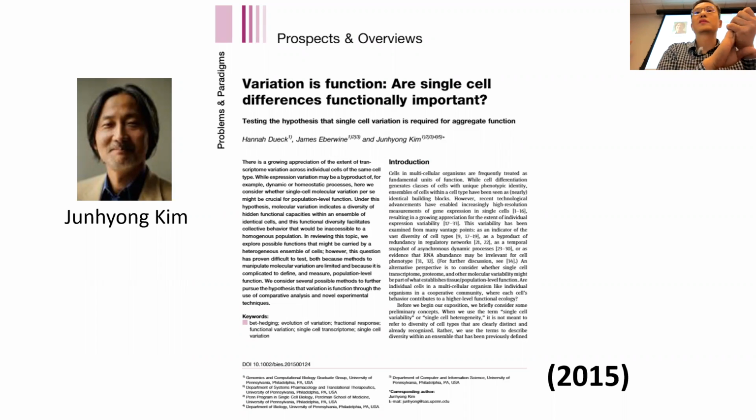In 2015, a professor at Pennsylvania University proposed that the single cell difference may be very important for function, I mean the function of the whole population of cells. I call this the variation is function hypothesis.